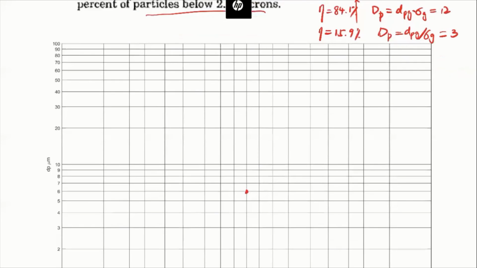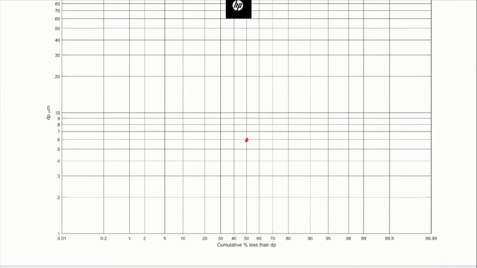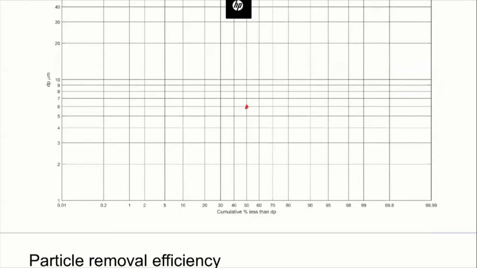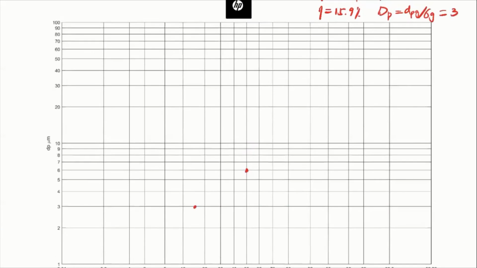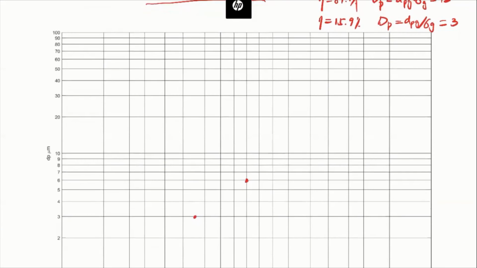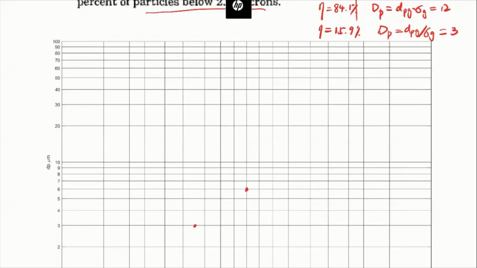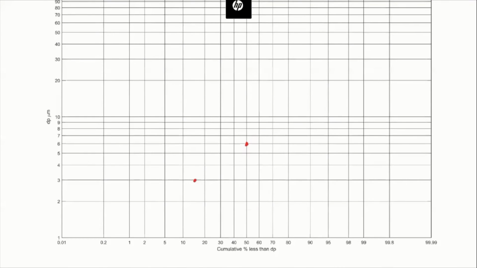So let's look for 12. 12 is somewhere here. Let's look for the 3 first. 3 is somewhere here, and we'll look for 15.9%, which is somewhere here. And for 12, that's equal to 84.1%, which should be somewhere here.